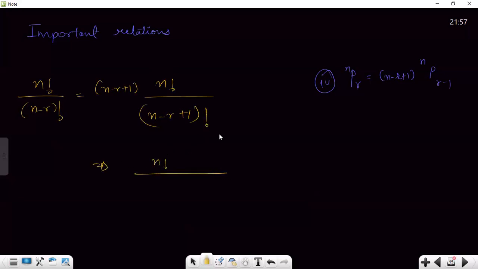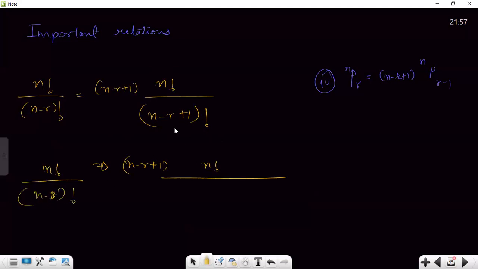So let's expand the n minus r plus 1 into n factorial. Let's write the left hand side also. Let's now expand the denominator factorial. So n minus of r plus 1 into n minus of r plus 1 minus 1 cancels, and minus r factorial. This and this cancels. Now the left hand side is equal to right hand side.